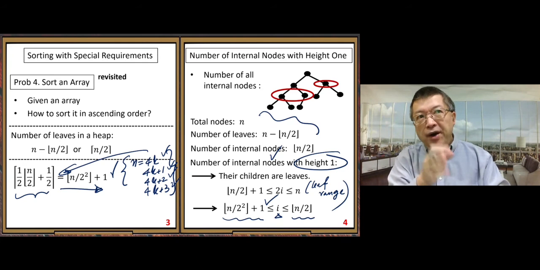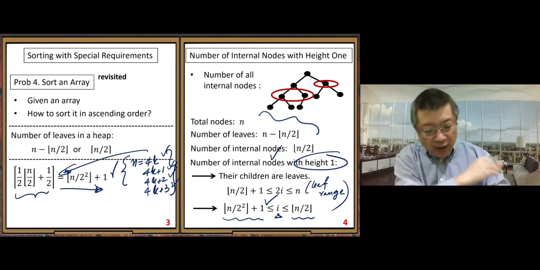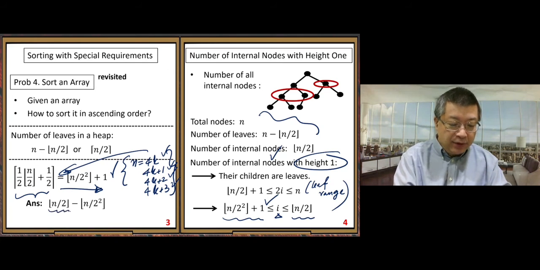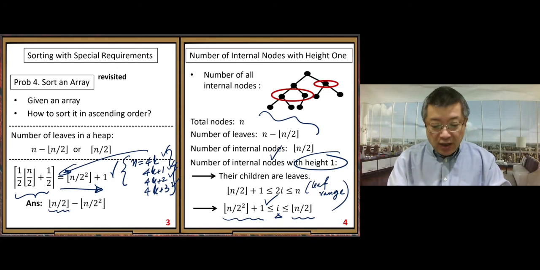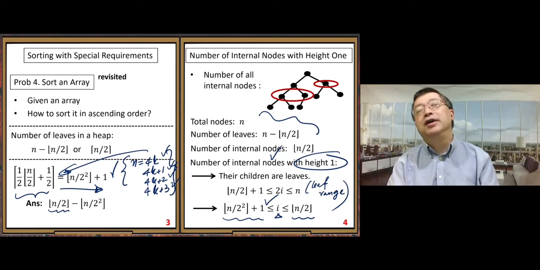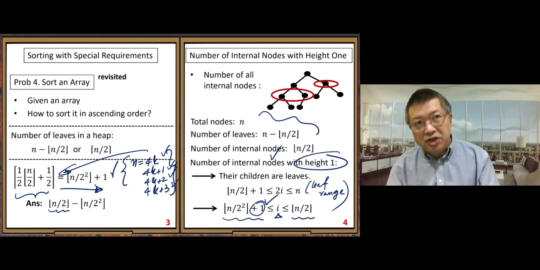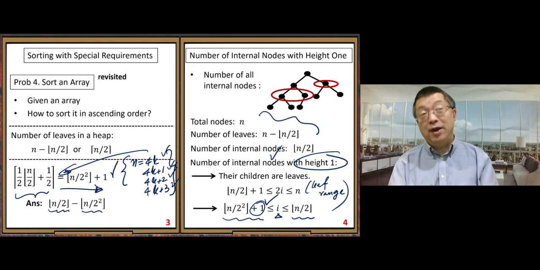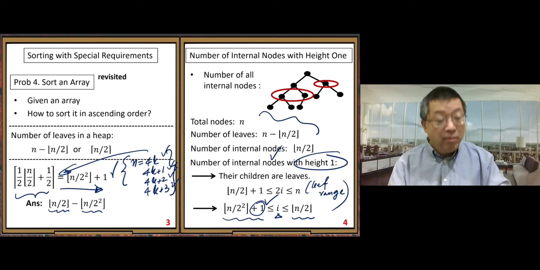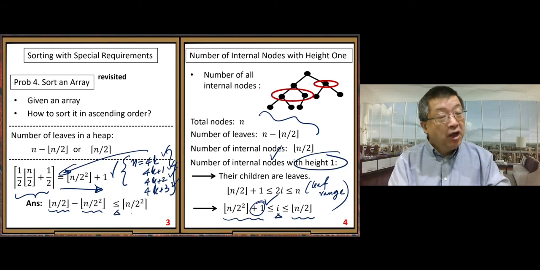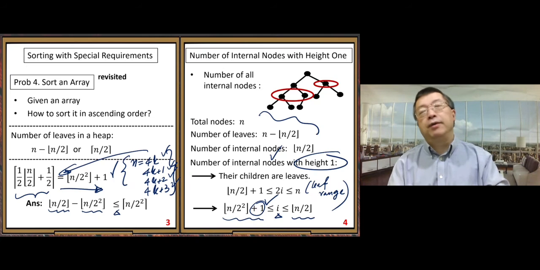All right, the final answer. The number of internal nodes with height 1, the answer is the upper bound minus, not the lower bound, 1 less than the lower bound. We don't include that 1 less than the lower bound. So that number is less than the ceiling function of n over 2 squared.